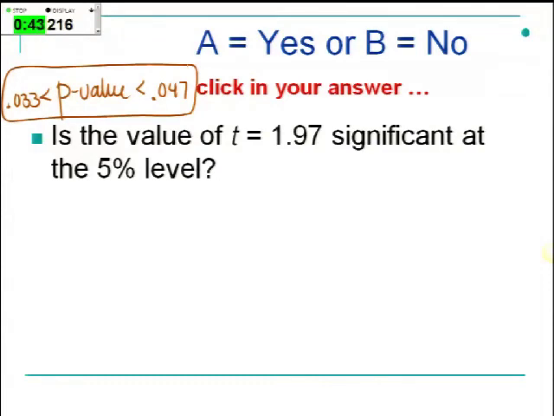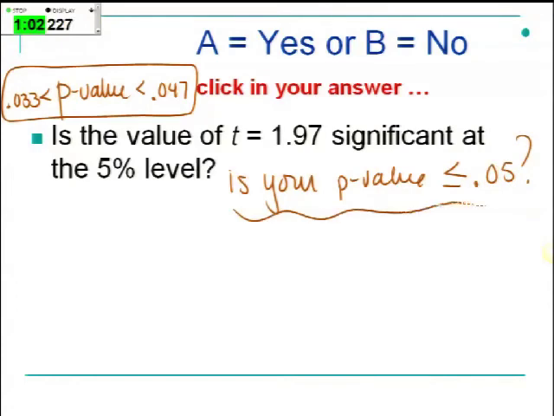And you're getting better. So got a few in the wrong direction. Is the value of your t significant? Is your p-value what? Less than or equal to 0.05 is what I'm really asking.